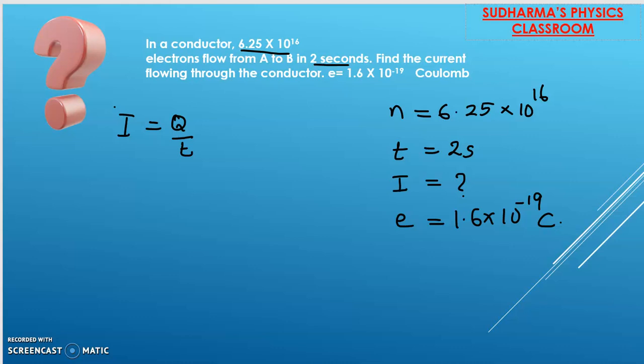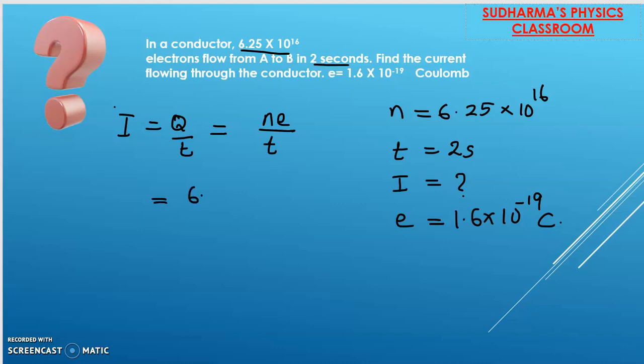But we have another equation for charge, that is N multiplied by E, right? That divided by T. Now let's see if that is given in this data. N is there, time is there, current is to be calculated, and charge of electron is given. So now our job is going to be easy.